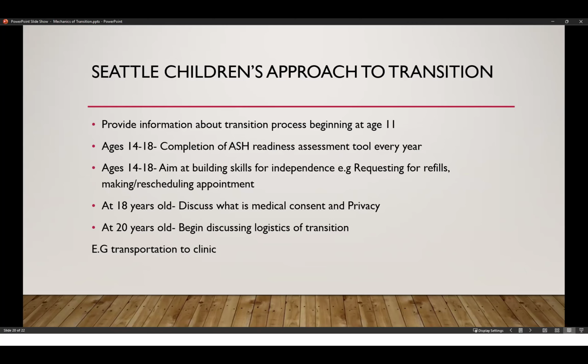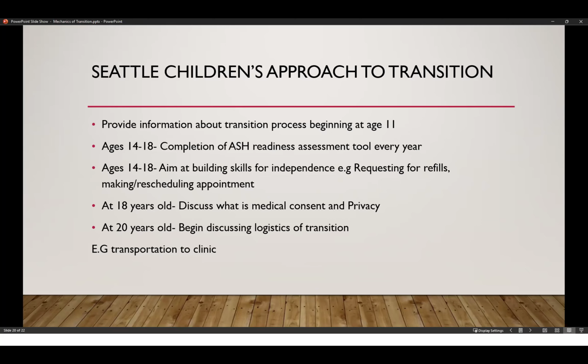So for us, we start giving information about the transition process beginning at the age of 11. And then between the ages of 14 to 18, or annually, we complete the ASH readiness assessment. And as the guidelines indicate, once we complete that, it tells us where the patient has strengths and weaknesses, and then we tailor our teaching accordingly.